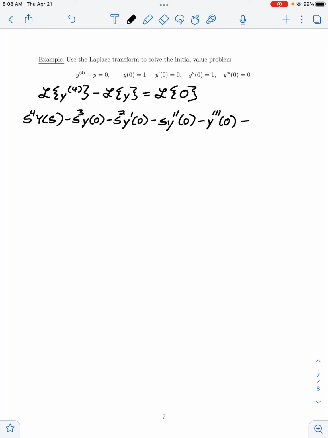And then I am subtracting the Laplace transform of y, which we denote as capital Y. And this is equal to the transform of 0, which is 0.